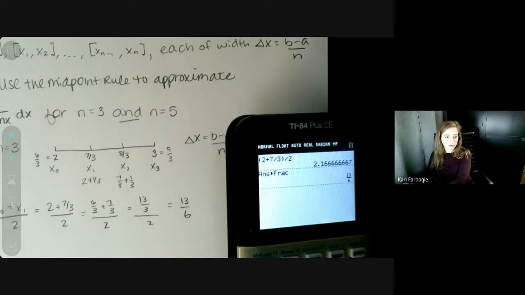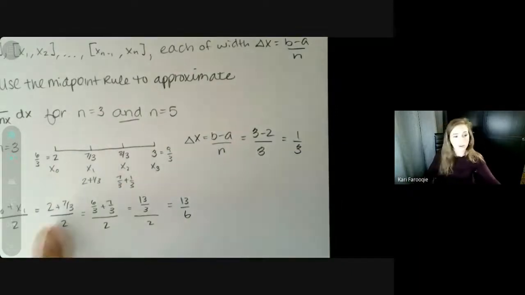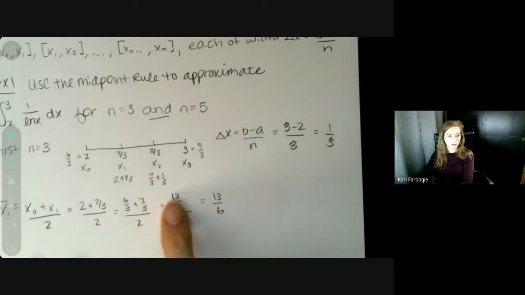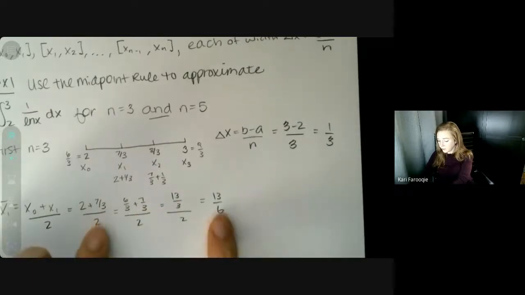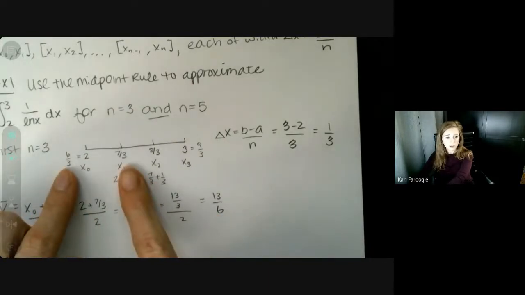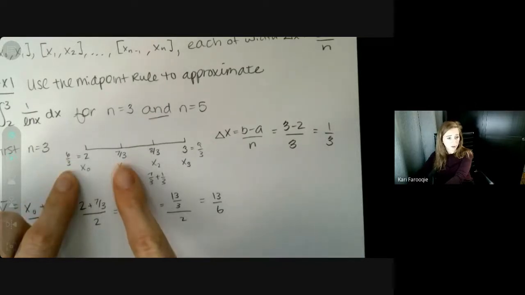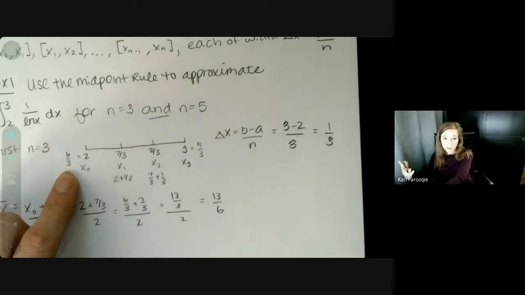Okay, now this is a lot of this intermediate work. I don't need to see every little piece. If you just wrote x sub 1 bar equals, and then maybe this, and then that, these two would be fine. But honestly, if you're just eyeballing this and you said, okay, well, this must be 12/6 and this must be 14/6, what has to be between them? 13/6. You can do that too.